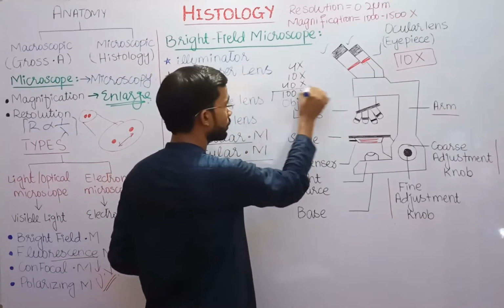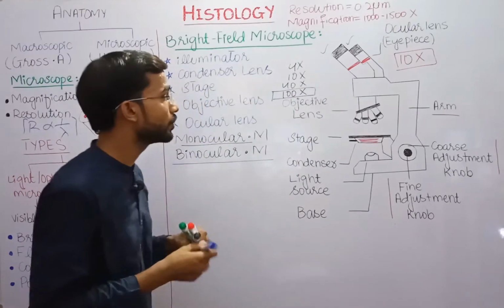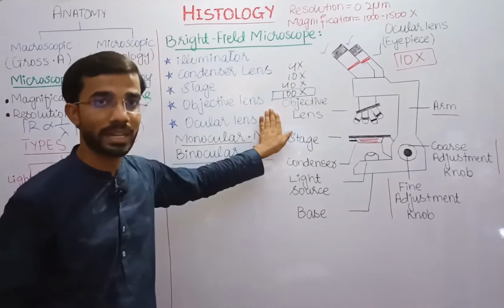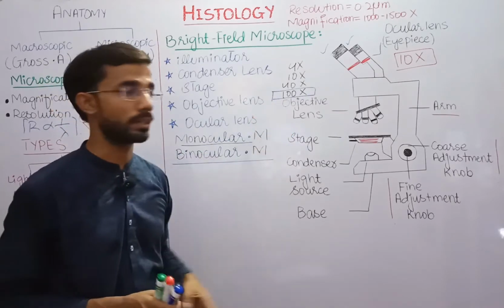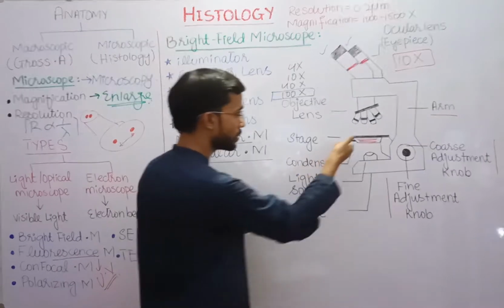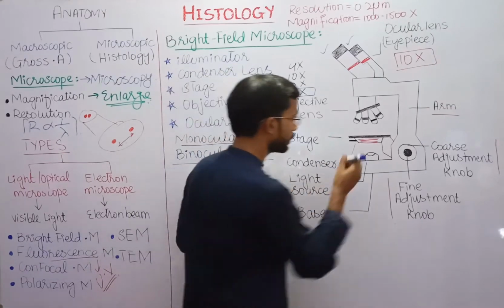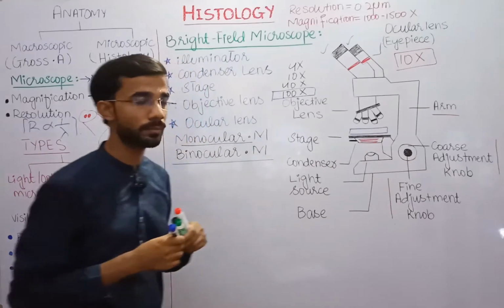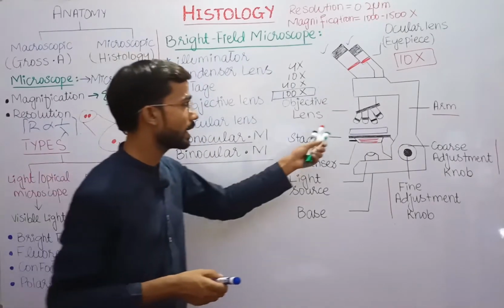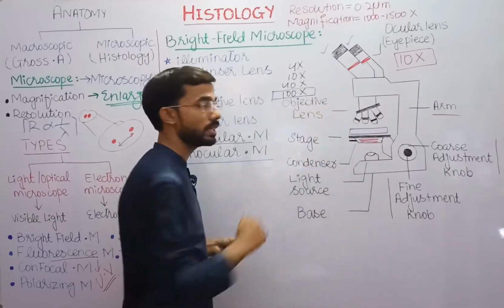When we use the 100x objective lens, in this situation we have to use oil. Like this is a stage and this is a specimen over there, right? Or you can say a slide put over the stage.